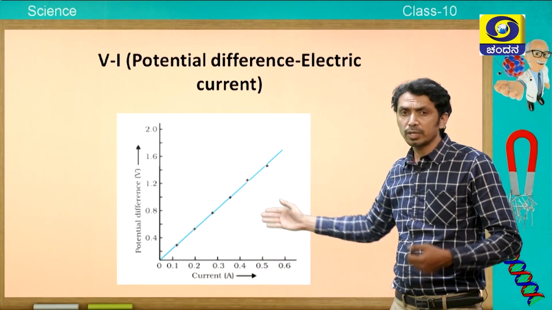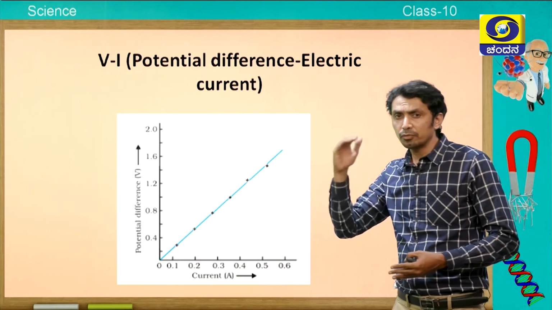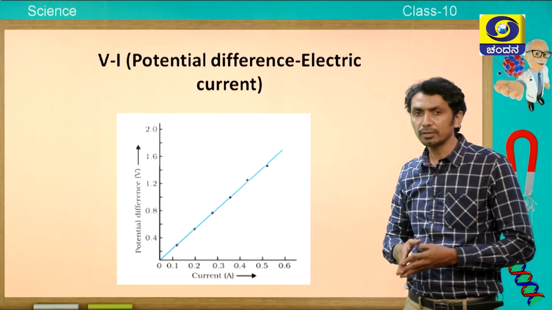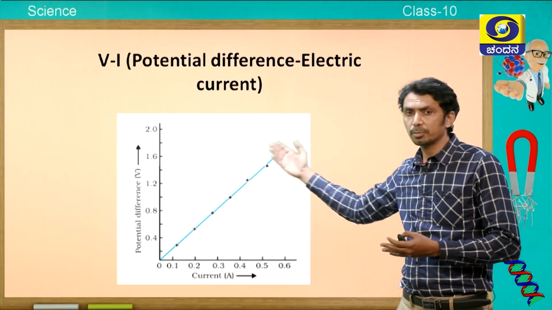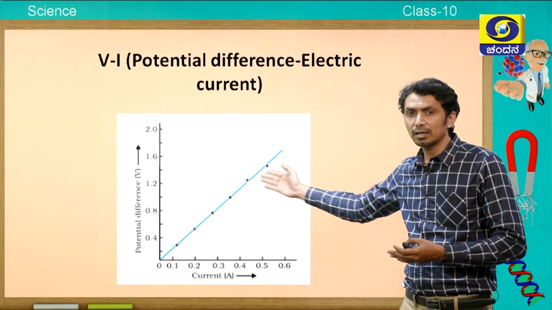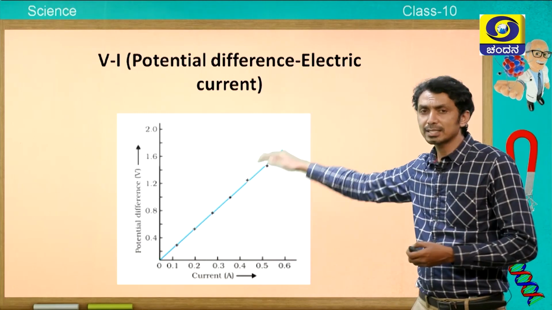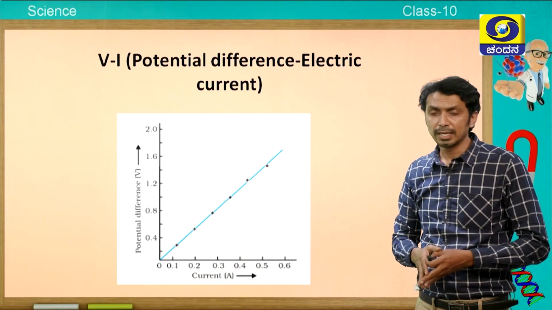And as you can see in the experiment, the V by I ratio we got was 0.5. So we can say that whenever the potential difference and electric current are plotted for a conductor, we will be getting a straight line. Now what is the reason for this?